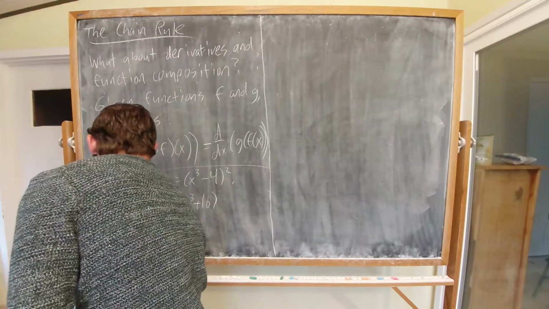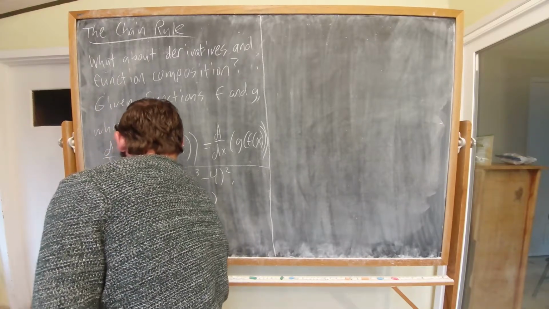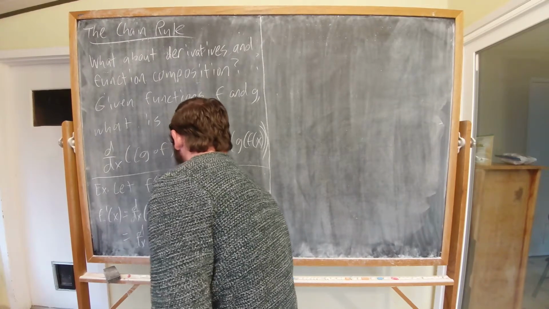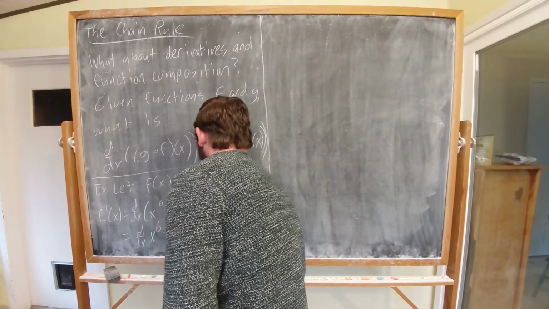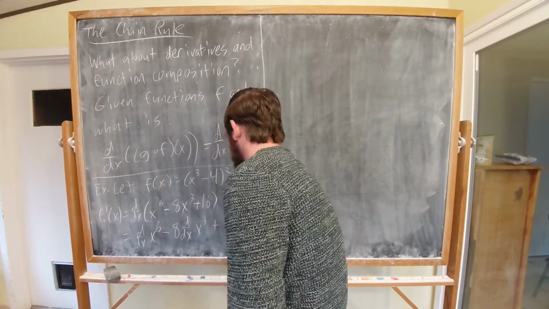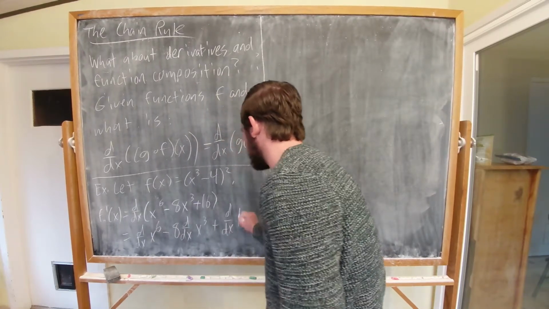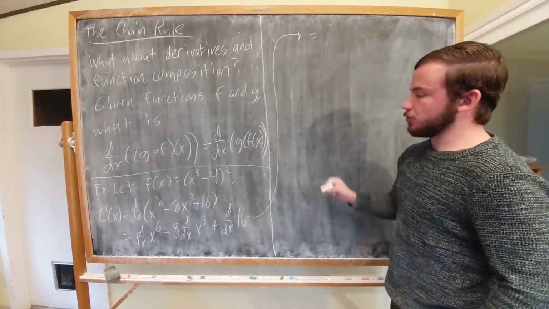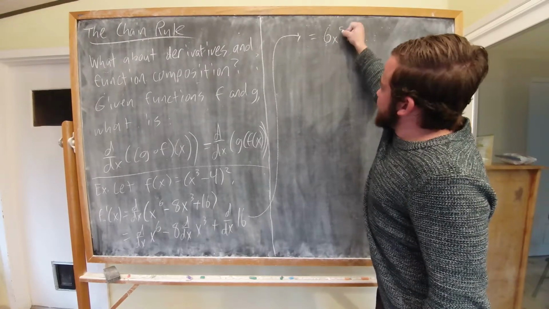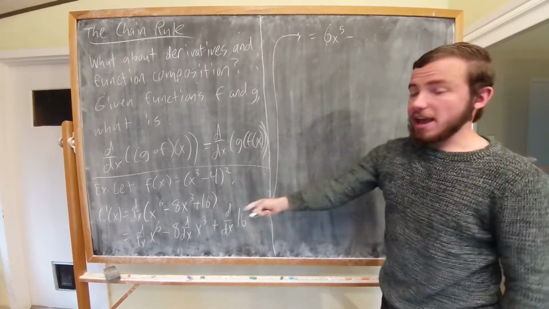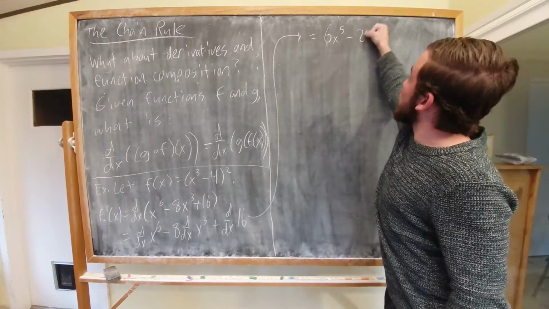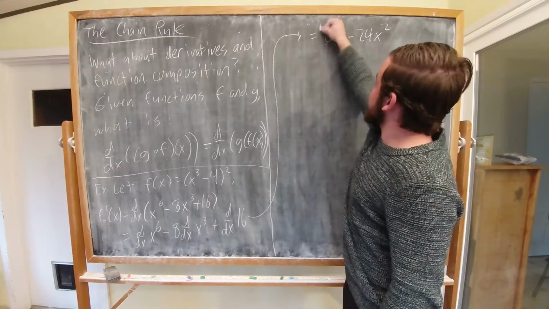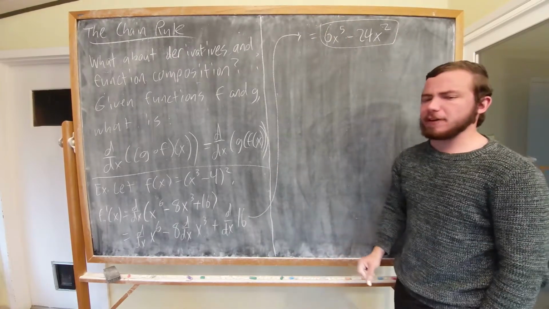By the sum rule, this is d dx of x to the 6th minus 8 d dx of x cubed plus d dx of 16, which is equal to 6x to the 5th minus 8 times 3x squared, which is 24x squared. The derivative of a constant is just 0.